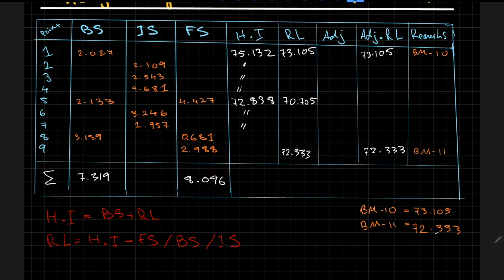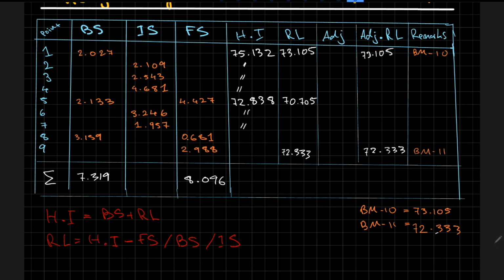That means we need to calculate the reduced level here, just like we did with this one. So we will once again refer to this rule. Reduced level equals height of instrument minus the foreside, backside, or intermediate side. So we are going to get this one minus this one, and we are going to get this reduced level.